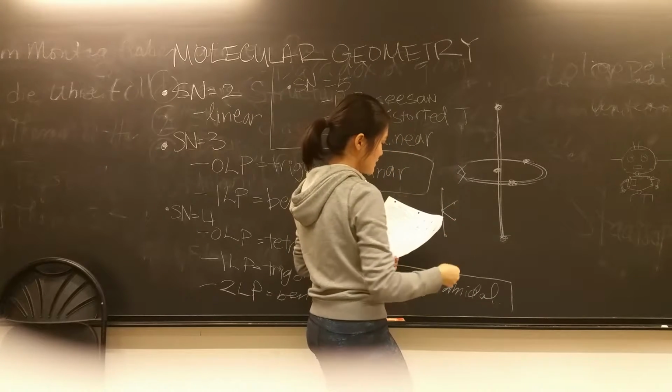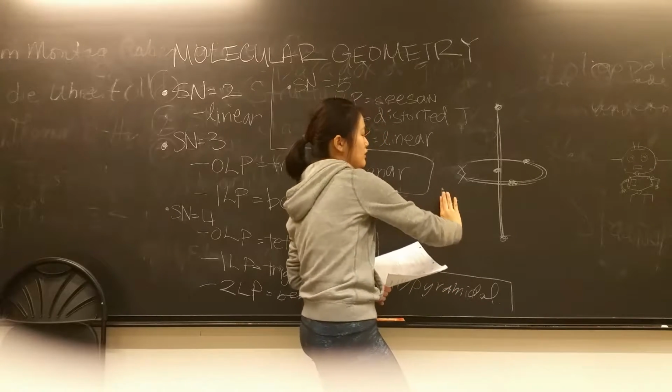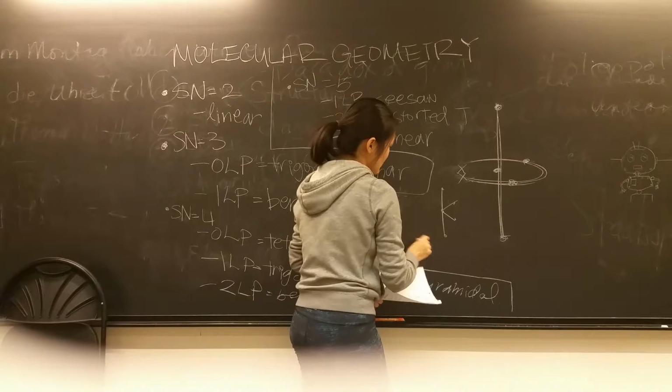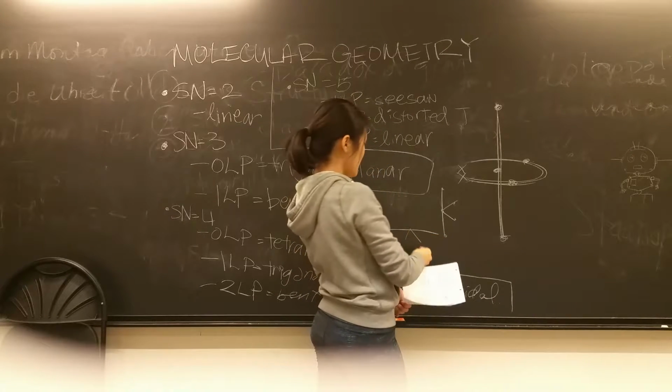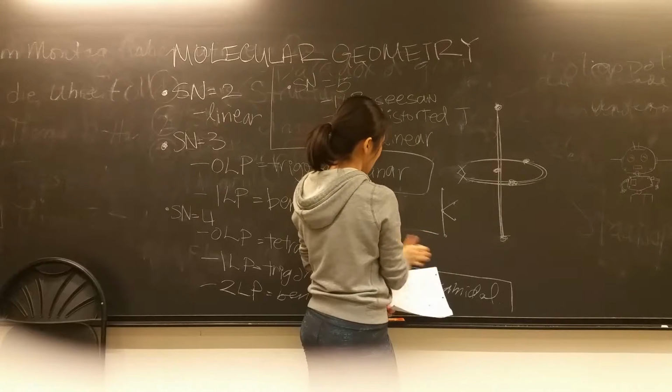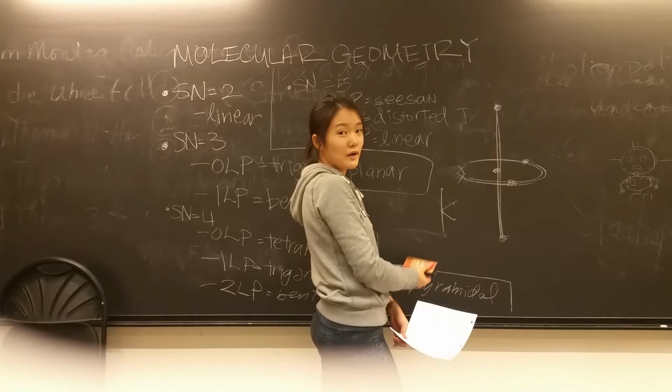And so that's going to be a seesaw shape. Because if you turn it around, it looks like that, right? Which is kind of like a seesaw. So it's called seesaw. And let's say that you have two lone pairs instead.